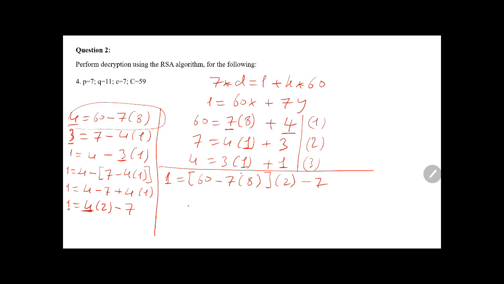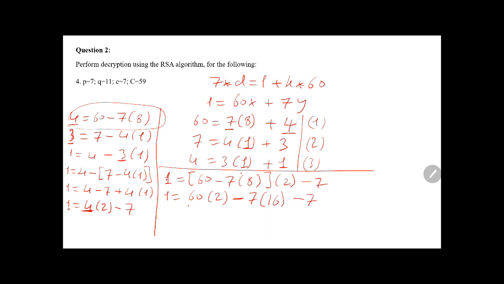So basically, what do you think we will do? So what we do here, it will be 1 equals 60 multiplied by 2, and then we have the 7, we leave it as it is, so it's minus 7, and we multiply the 2 by the 8 inside the brackets, so it's 16, and we have the minus 7 here.